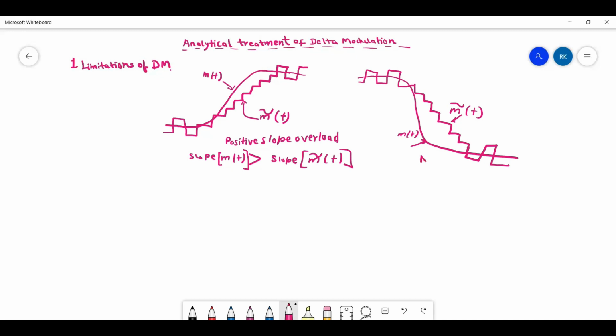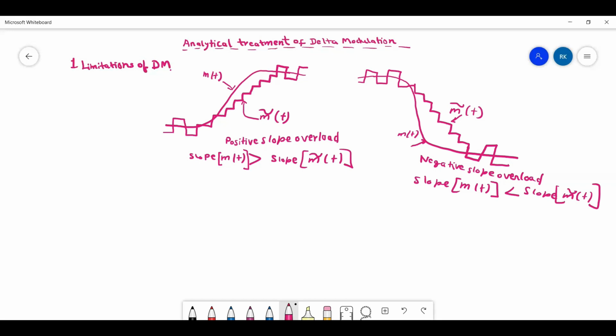So this is an example of negative slope overload, where slope of m(t) is smaller than slope of m cap(t). In both cases, the DM system, the delta modulation system, is said to have slope overload.